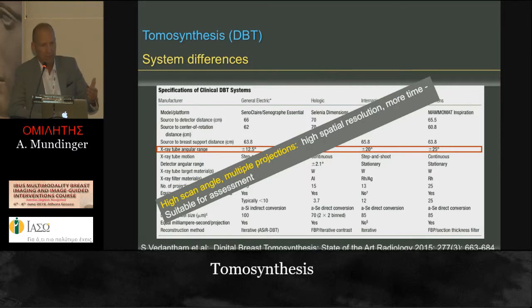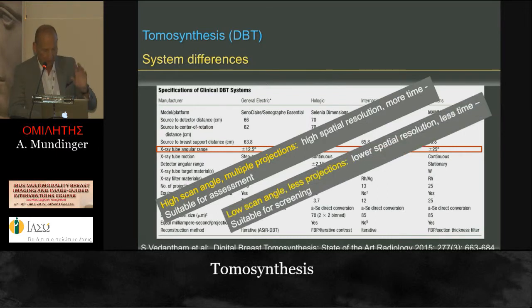So this is a very good setting for an assessment. On the other hand, low scan angle and fewer projections means a lower spatial resolution but less time. And this is a setting which is very suitable for screening.